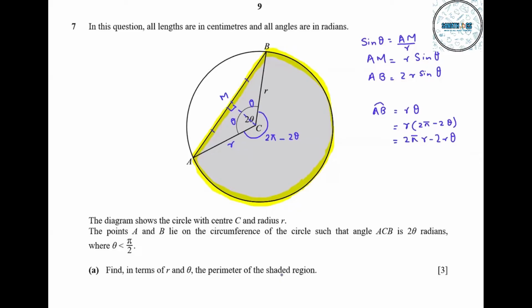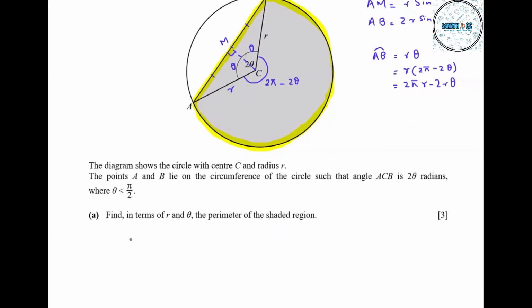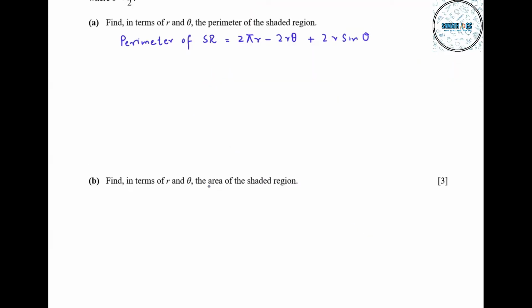So now we can easily write down the perimeter. Perimeter of shaded region is equal to 2 pi R minus 2R theta plus 2R sine theta.